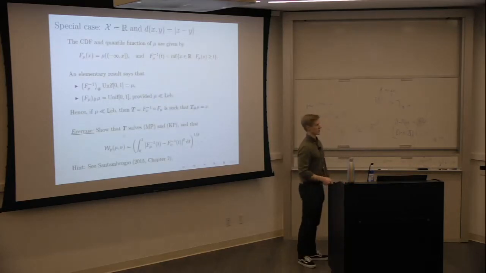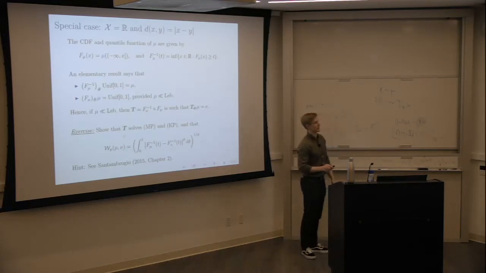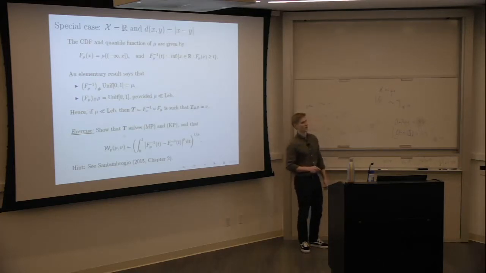All right, so here's a special case, which is important, which is when X is equal to R, and we have the Euclidean distance on R. And you probably know what a CDF is, and if you take its pseudo-inverse, you get what's called the quantile function. And these two are not inverses in necessarily the traditional sense, but pretty close to it.